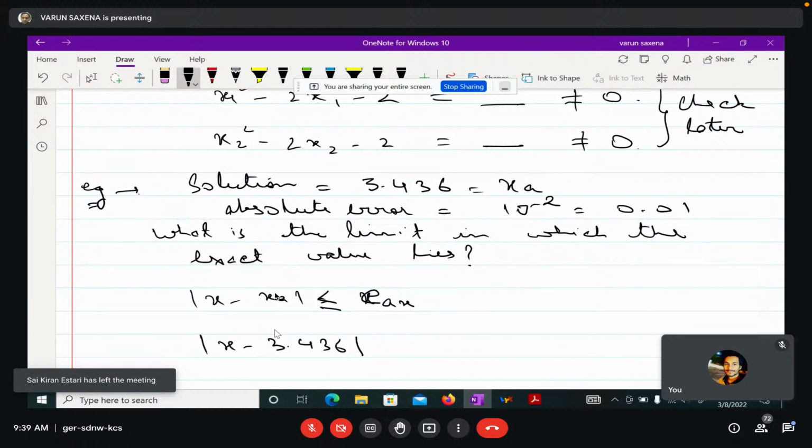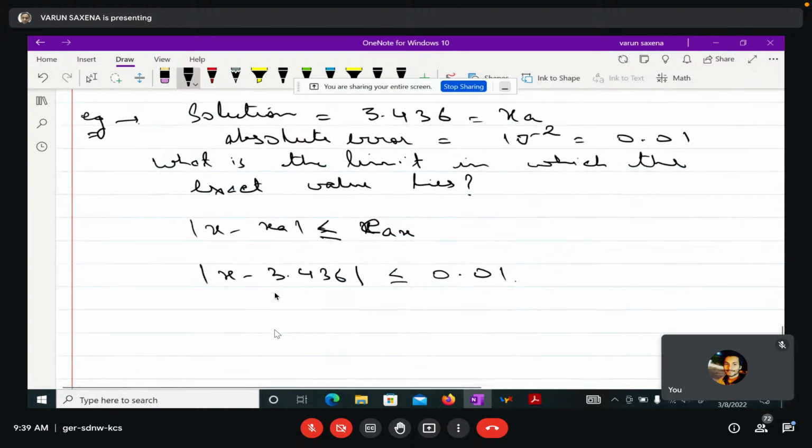Yeah, so this would be something like this, less than or equal to 0.01, right? So what does this mean? If you have mod of something which is less than or equal to this, that means that you have minus 0.01 less than or equal to x minus 3.436 less than or equal to 0.01.